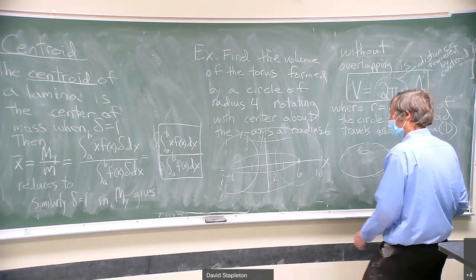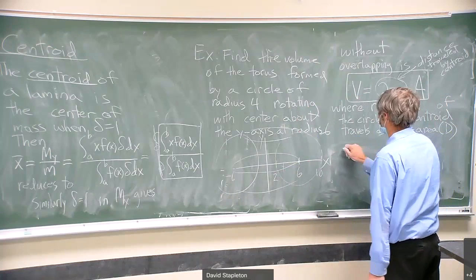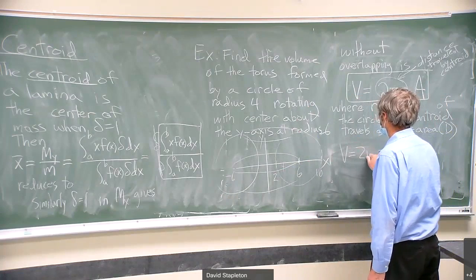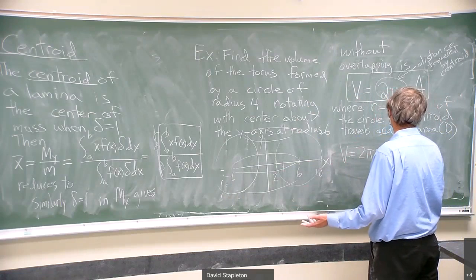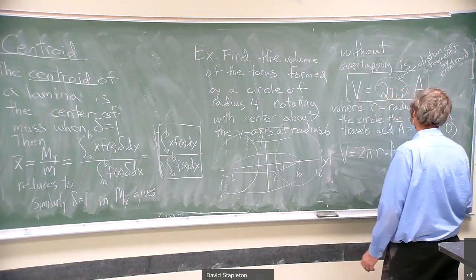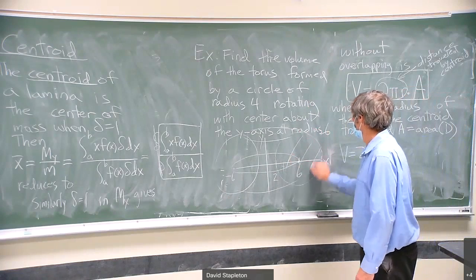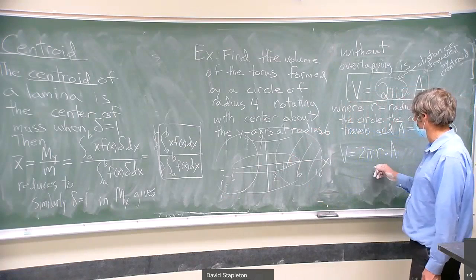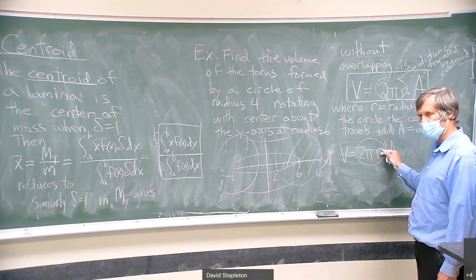All right? So the volume we get by the theorem of Pappus is 2 pi radius traveled by the centroid, times area of the circle that's going around. Well, what is the radius traveled by the centroid?